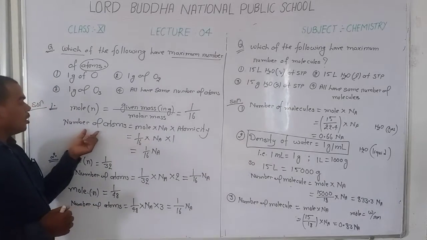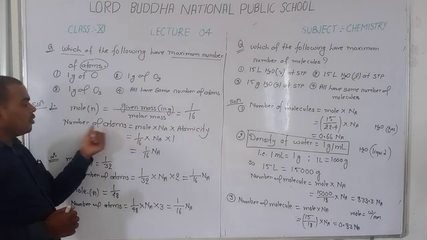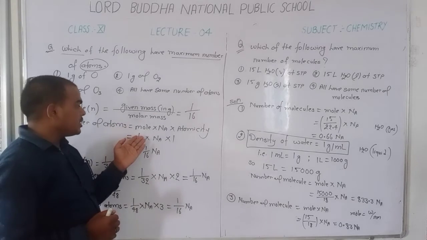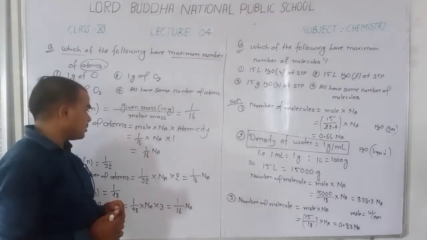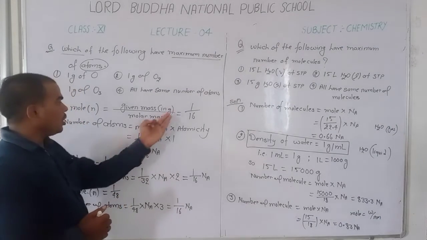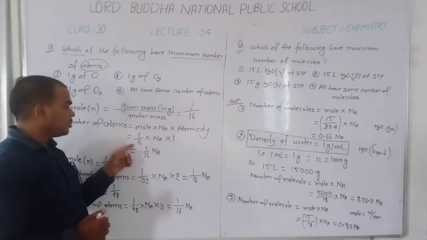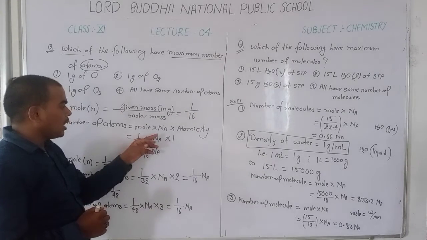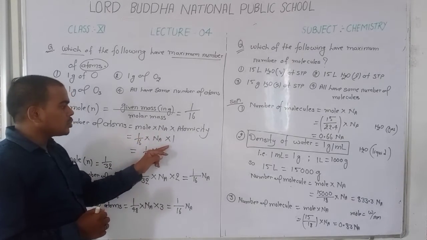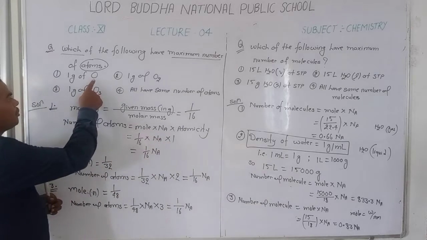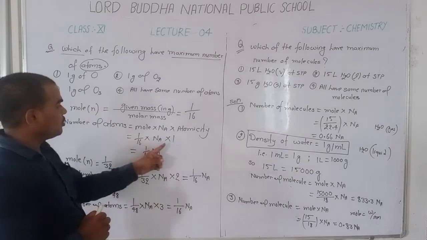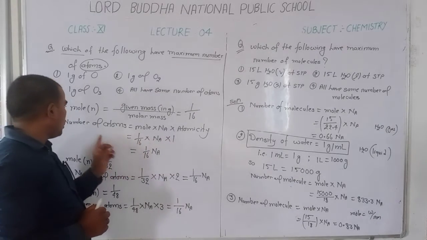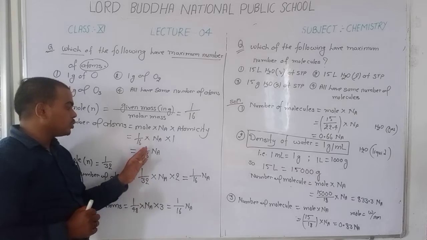Number of atoms of oxygen: the formula is mole into Na, Avogadro number, into atomicity. Here the mole is 1 by 16. The atomicity is 1. So the number of oxygen atoms is 1 by 16 Na.